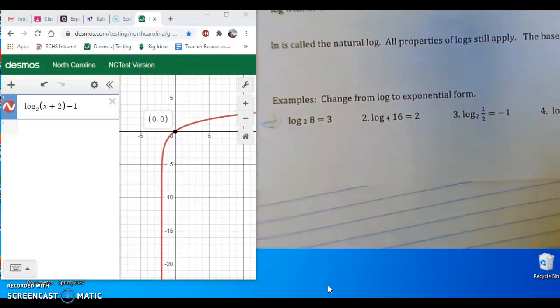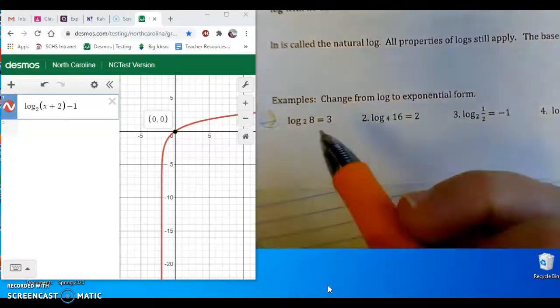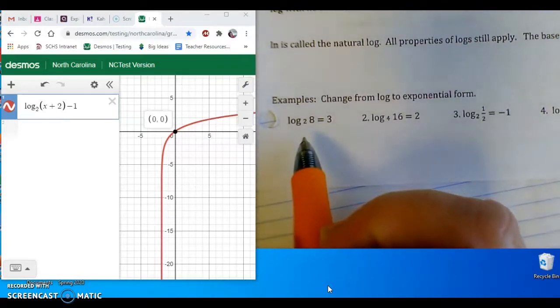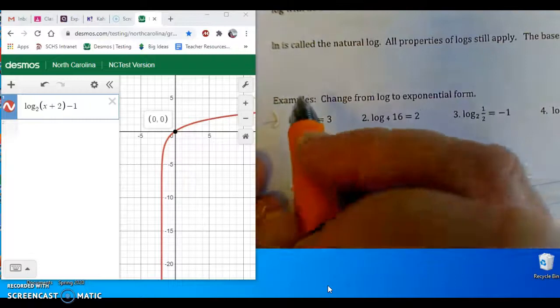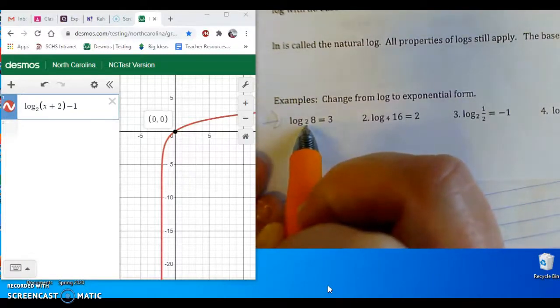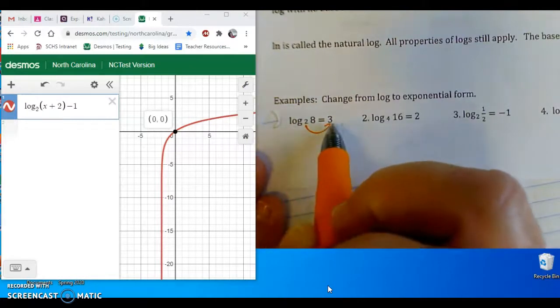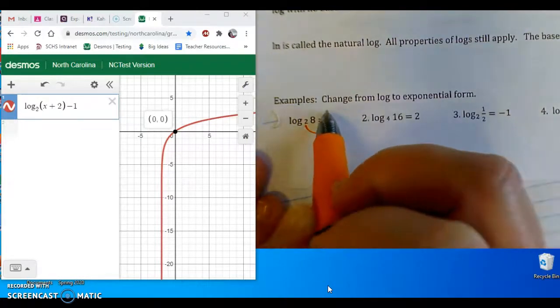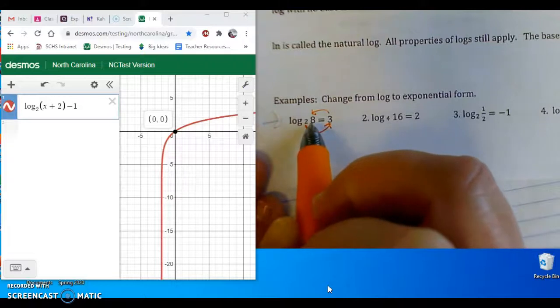All right, so first thing we want to do is just change the functions from logarithmic form to exponential form. So we're just rewriting here. We're not really doing math, we're just changing things. You start with the little number, because that's always a base. You go on the other side of the equals, and then you go to the number that it's of.